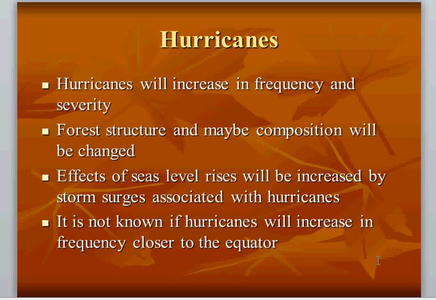It's not known what will happen with hurricanes, whether they will migrate or increase their area closer to the equator. It's likely they will increase their frequency further north or closer to the poles, but will they go closer to the equator?